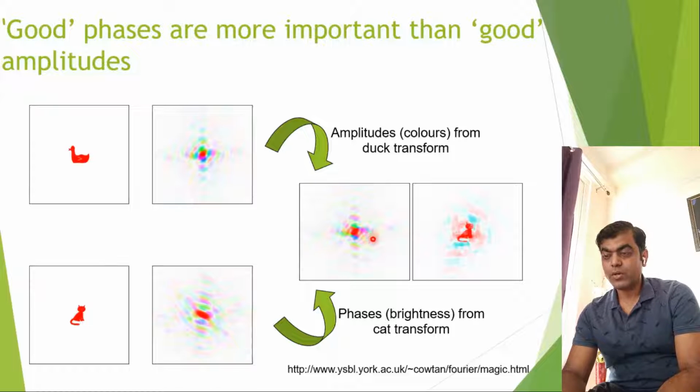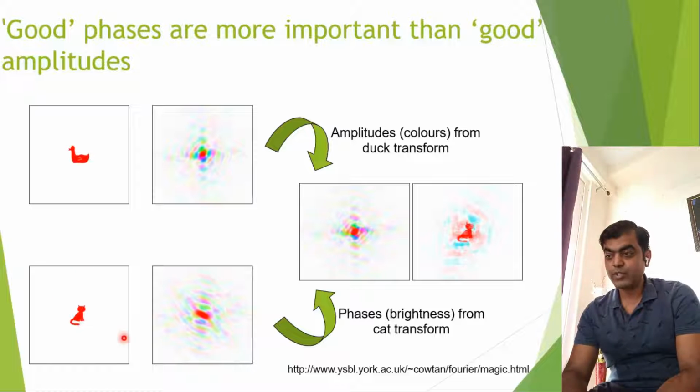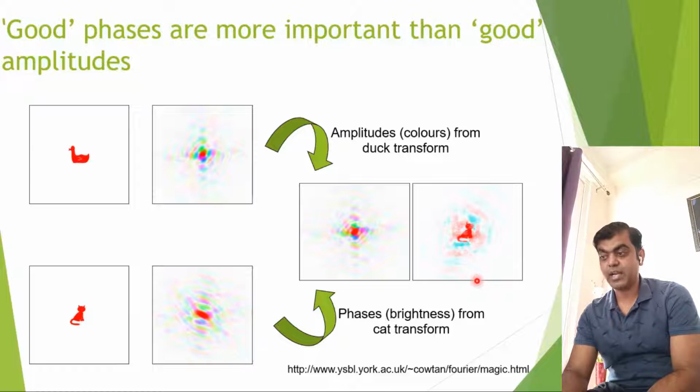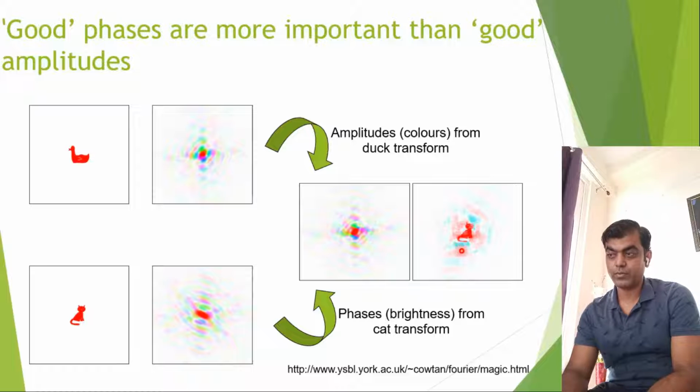This image of the duck does not have full structural information. On the other hand, the phase information, as you see in the cat transformation, is much clearer in terms of structure, so you can at least find out this is the animal, this is the cat. In the previous case you are not able to find out.